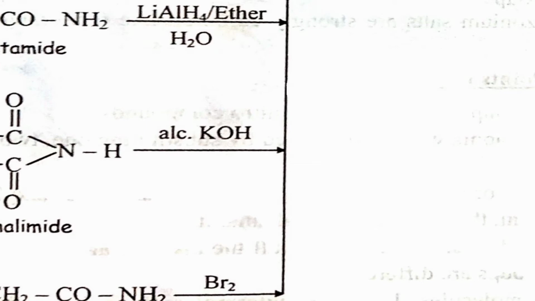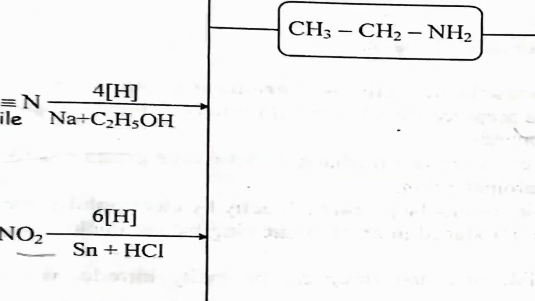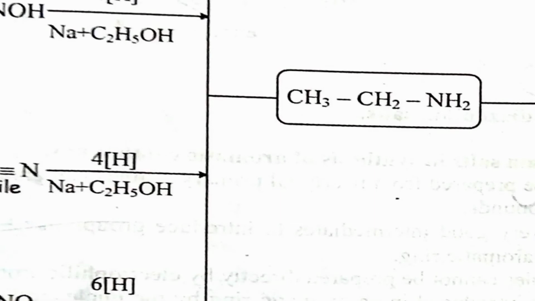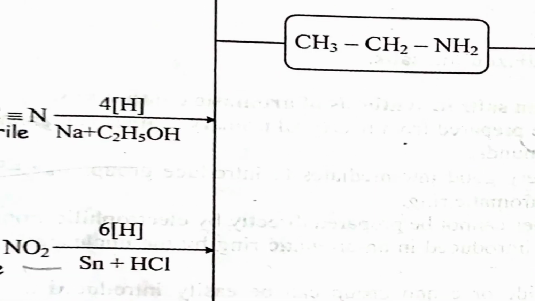So phthalimide reacts with alkyl halide in presence of potassium hydroxide. We are getting the product as an alkyl amine. That means the alkyl halide reacts, and after reaction it produces the alkyl amine.